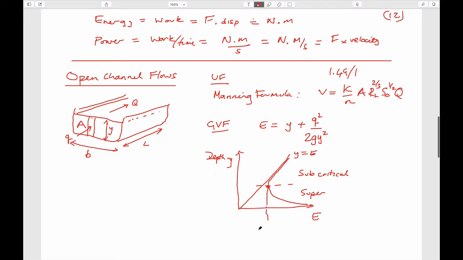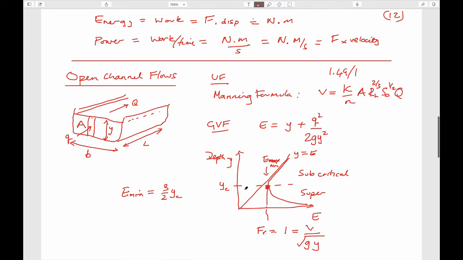And where this point here is equal to a Froude number of 1, which is equal to velocity of flow divided by the square root of gravity multiplied by the particular depth of flow, and this value is also given by the critical depth y sub c, and this is also E min, not max, and the minimum energy is related to this depth of flow as 3/2 times this critical depth.